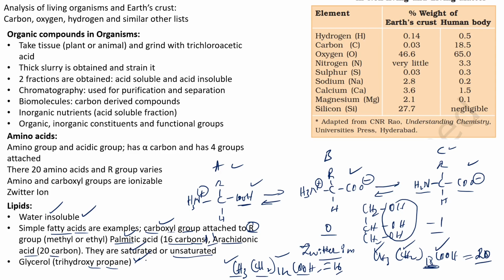Now in the case of glycerol, if you esterify the glycerol along with the fatty acids, we get some interesting molecules. Fatty acids are esterified with glycerol, and the result of esterification may yield mono, di and triglycerides: monoglycerides, diglycerides or triglycerides, right?